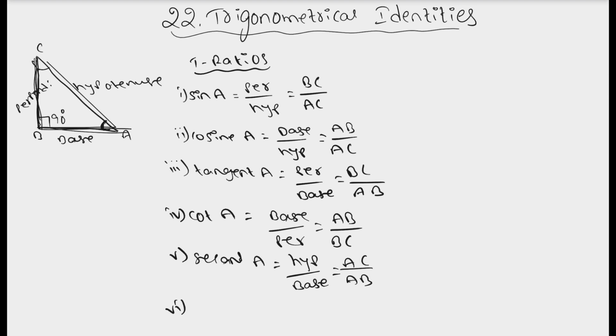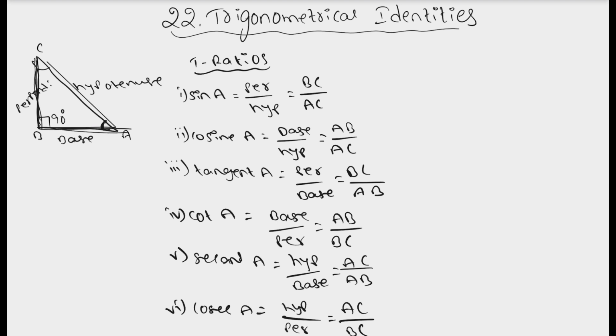And the last, sixth trigonometric ratio is cosecant. Cosecant A can be written as hypotenuse by perpendicular, so the hypotenuse is AC and the perpendicular is BC.